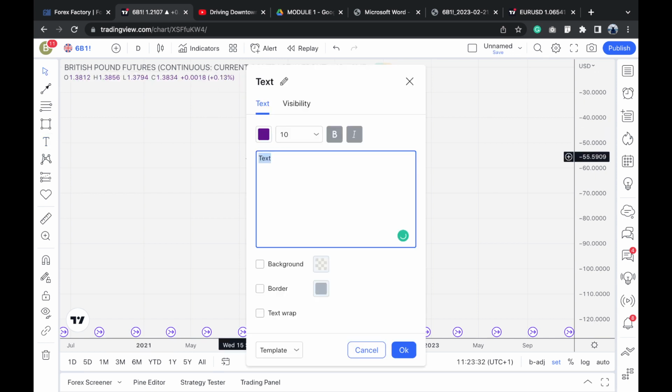A rejection block occurs when we have two candlestick bodies in close proximity to one another, and they create a swing point.